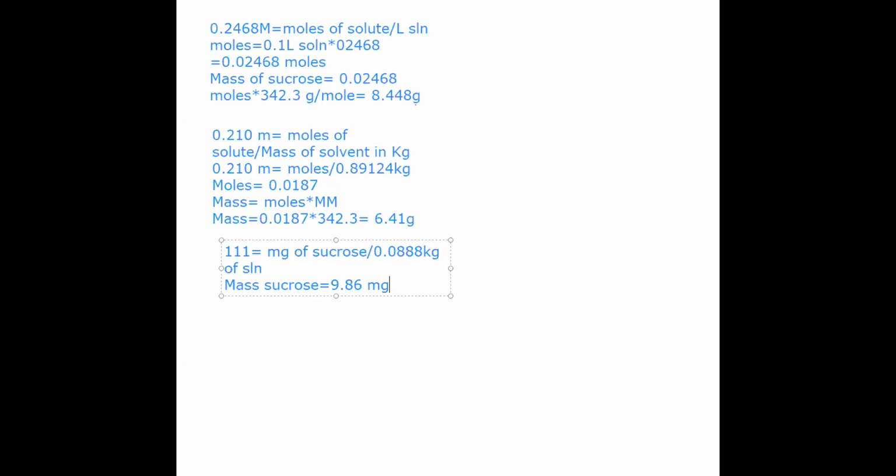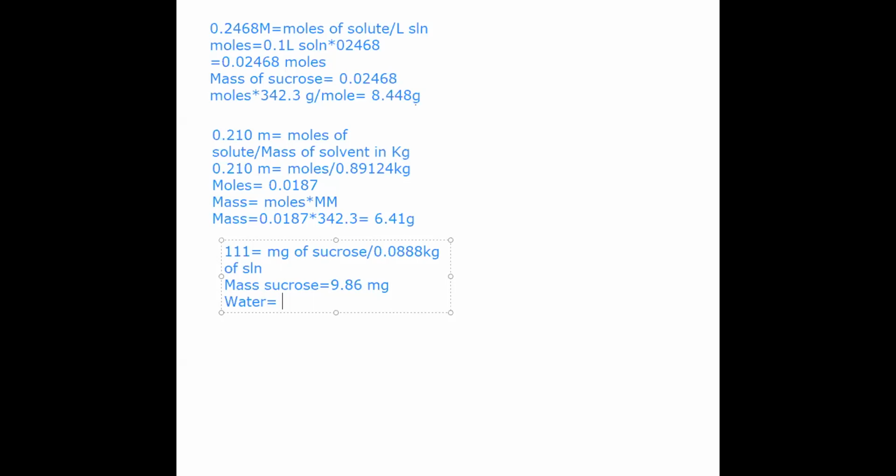And that means the mass of our solvent and the mass of our solute are in this amount. So we have 9.86 milligram of sucrose here. Then how much water do we need so that we can have the correct concentration of the solution that we are targeting here?